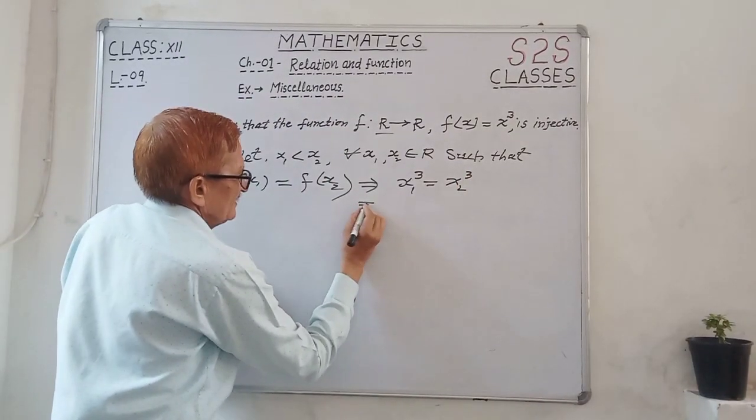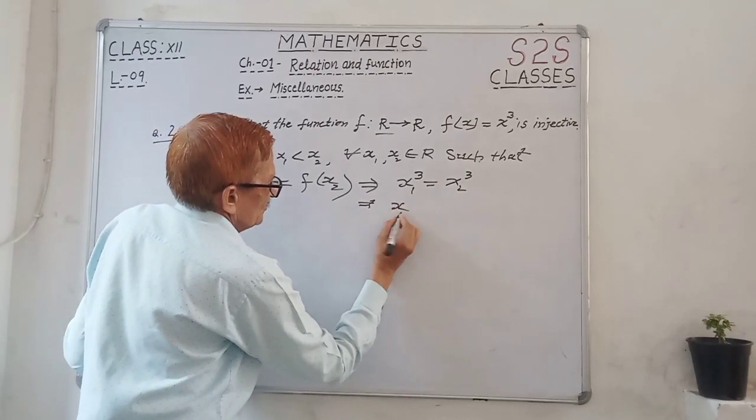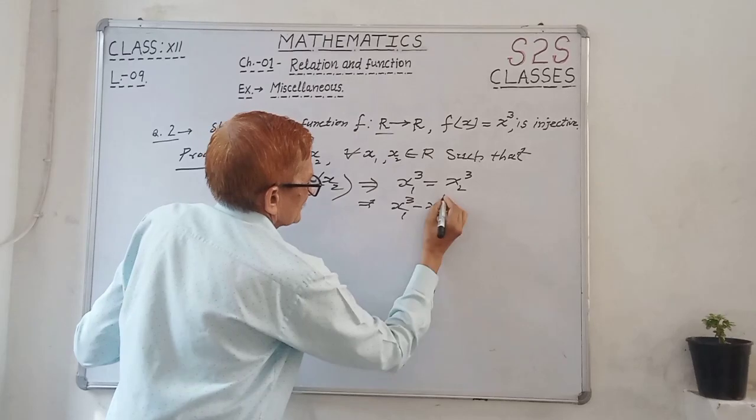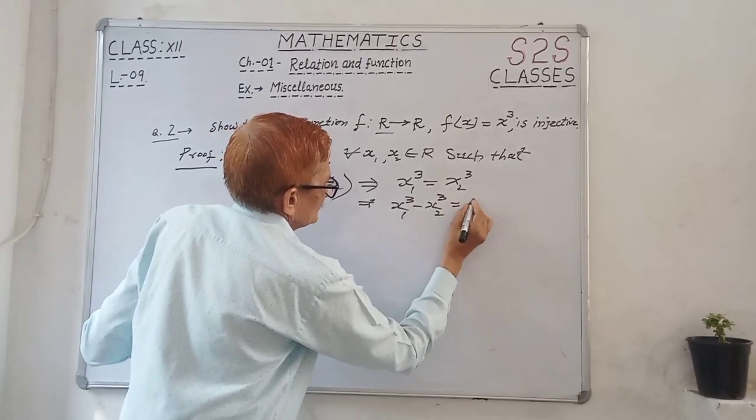Now simplify x1 cube minus x2 cube is equal to 0.